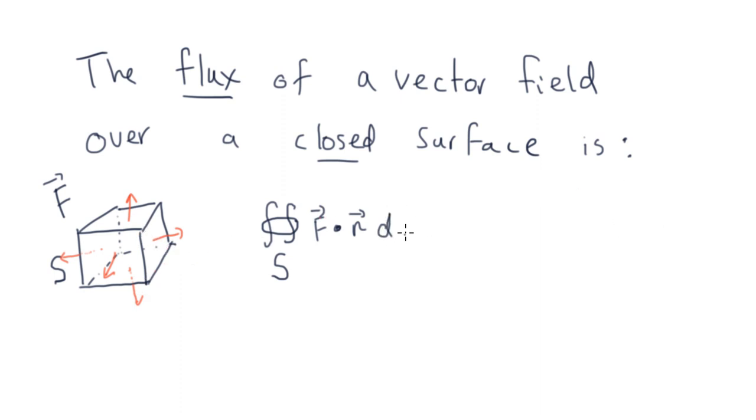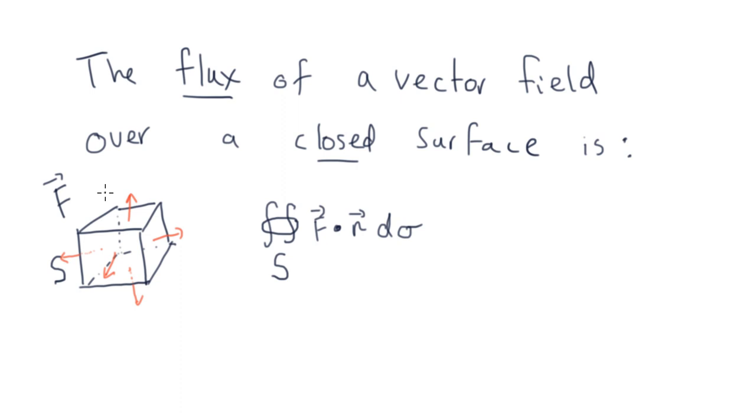And of course, integrating over the various surface elements. So the flux is nothing more than the surface integral of a vector field over a closed surface. Kind of like the flux in the plane was just the line integral, but taking the component of the force that was pointing in the normal direction. Or in other words, it was the amount of the vector field that's flowing out of the curve. And here we can think about it exactly in the same way.